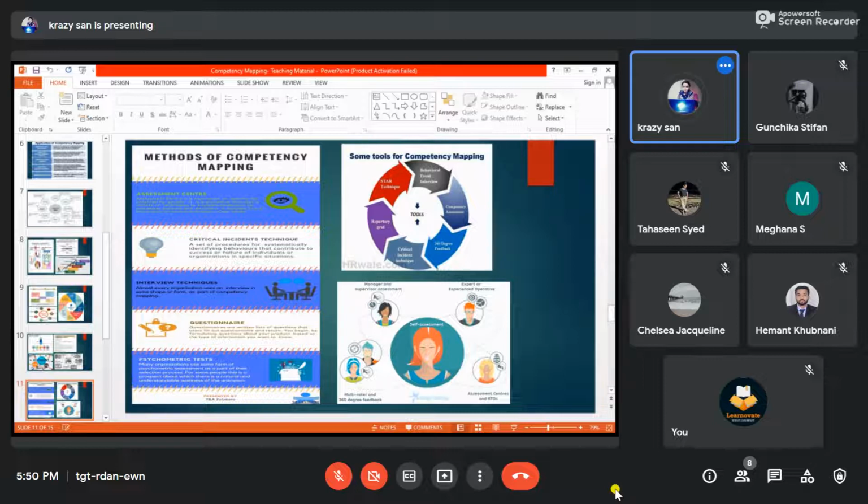And when you see that these competency mapping tools and models are used by an organization, the employee starts doing their self-assessment, because they know that their competencies will be mapped, evaluated, checked, and corrected.